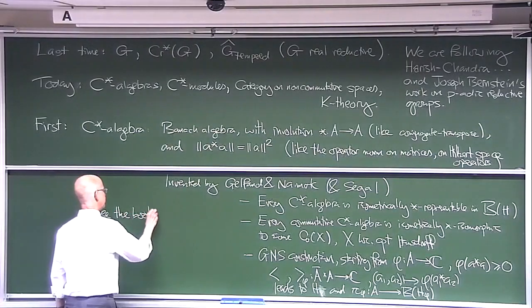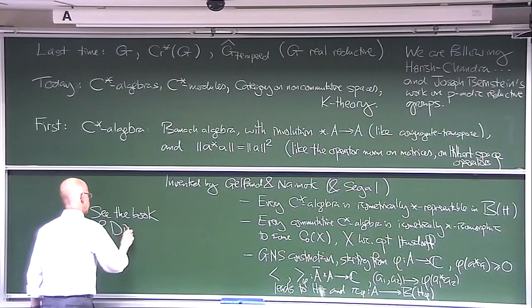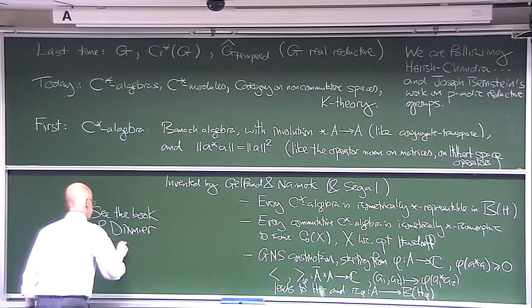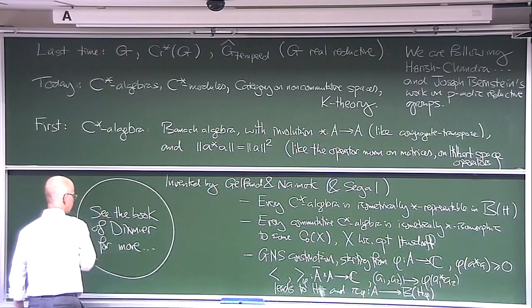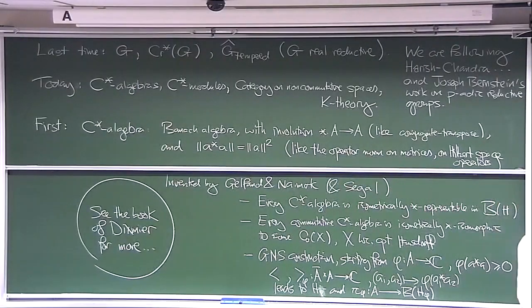By now, there are quite a few books on C-star algebras, and there's a famous book of Dixmier, which I recommend. Dixmier was very interested in representation theory, and he developed a lot of C-star algebra theory thinking about representation theory, but it never quite reached a conclusion.